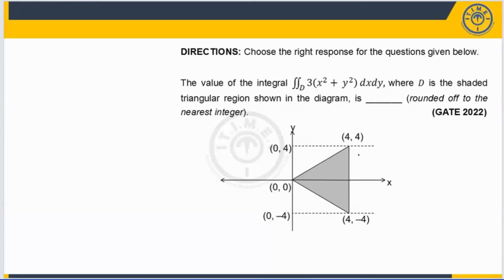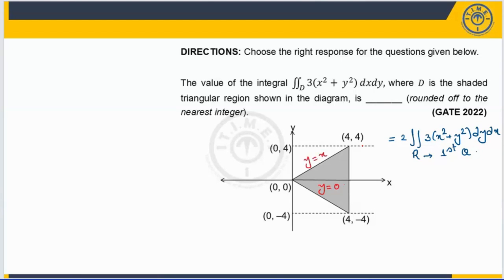Right. Now, as the area is symmetric, can we say it is symmetric? If it is symmetric, can I say that it is 2 times the double integral of 3 into x square plus y square dy dx, where the region R is in the first quadrant? Yes. In the first quadrant, if I'm taking the vertical strip, this line is y equal to x, right?